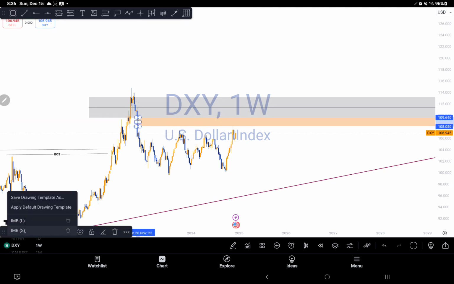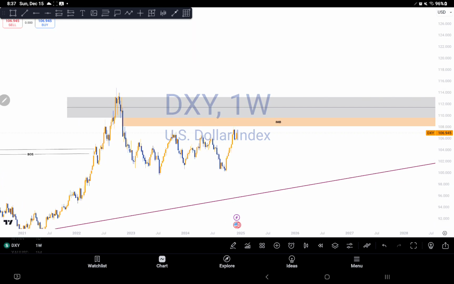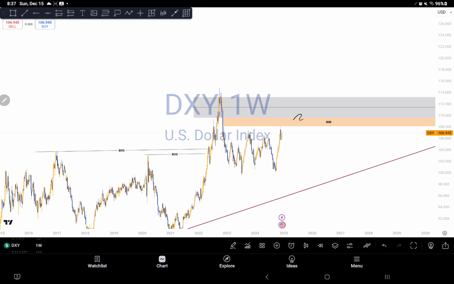Let's see. So we can see that we have this imbalance right here. I think it's a good way for it to push up around this area before we turn to the downside. Definitely, that's what I'm looking for. As long as we don't break above this previous high, we might continue to push down a little bit, right?